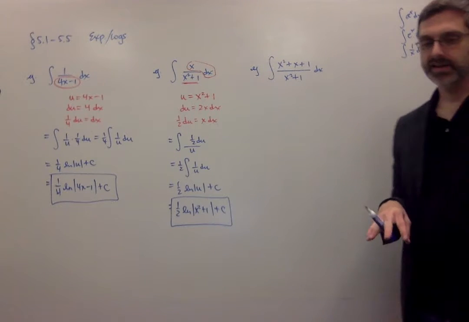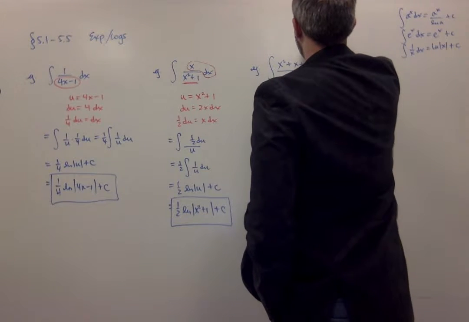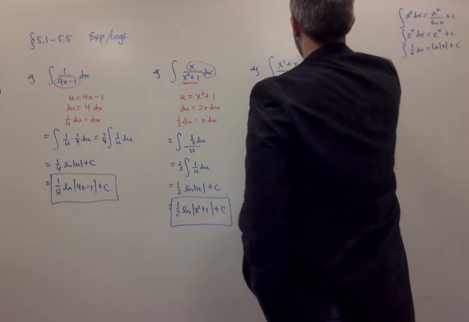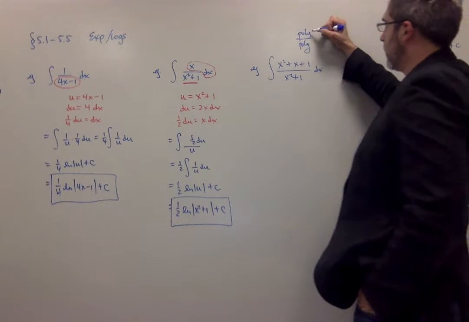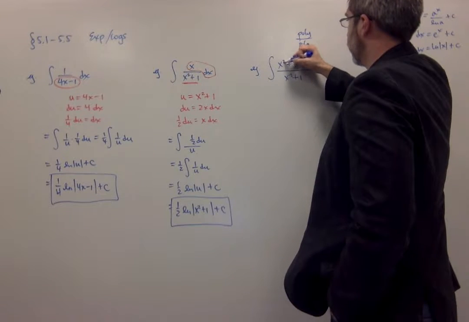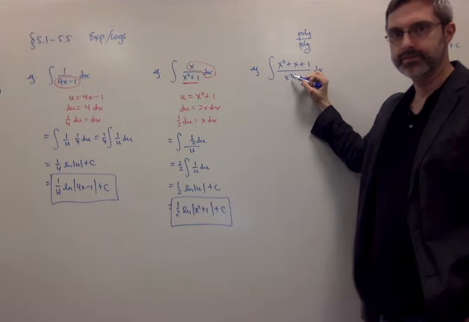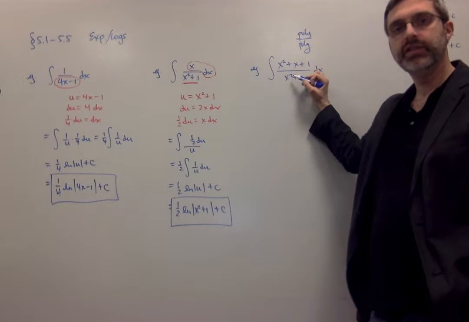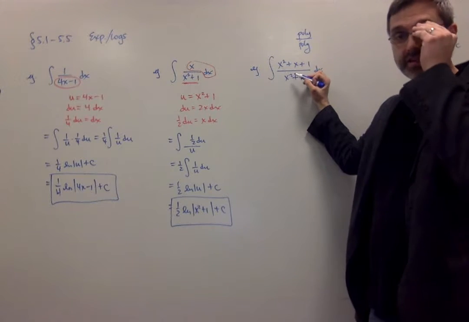However, when you see a polynomial over a polynomial, and the top polynomial has a degree, in other words, the highest power of x, that's equal to or bigger than the bottom one, there's a technique you need to do first. And again, we'll do this more in chapter 7, but I want to introduce this here.